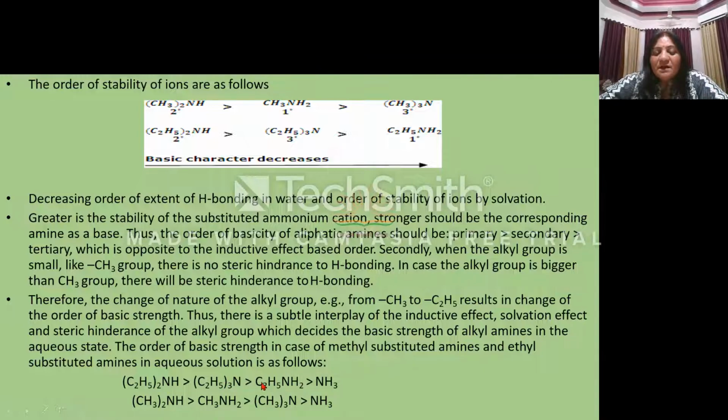Now in case of the methyl substituted amines, 2 degree amine is more basic than 1 degree amine, which is more basic than 3 degree amine, which is more basic than ammonia. Then here it will be 2130. This is important and must be remembered.